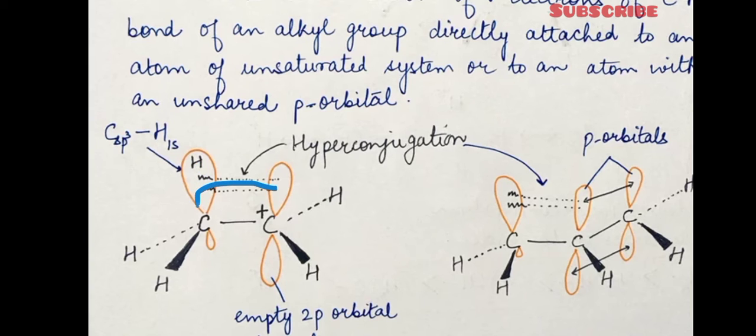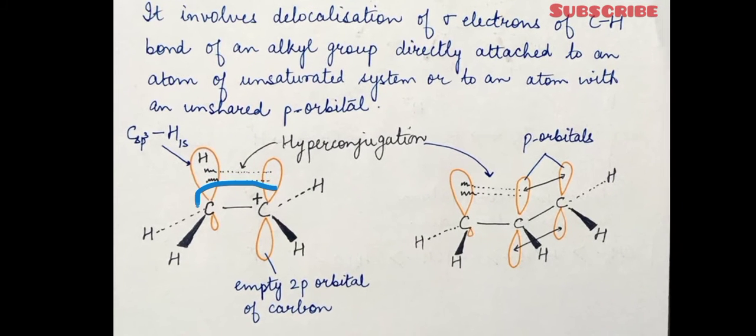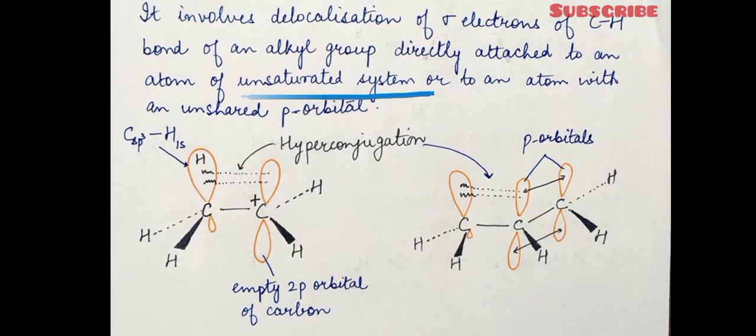In a similar manner, if we talk of an unsaturated system, that is a system which has a double or a triple bond, like I have depicted here. So this system is actually CH3CH=CH2.